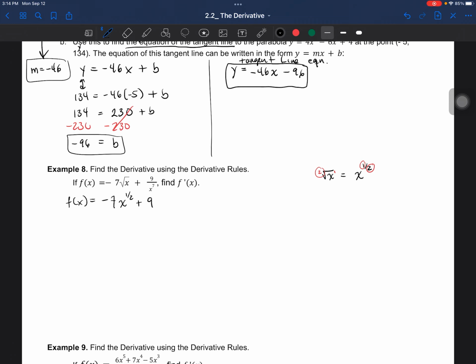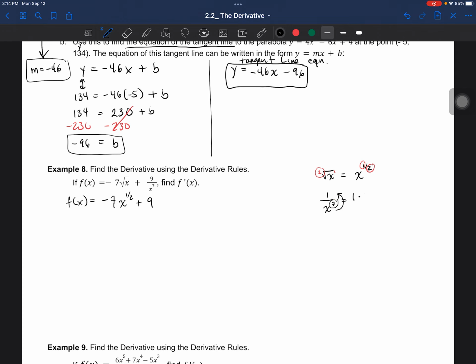Plus 9. Now the other rule that we want to discuss here is that having a denominator of x to the 7. I want to remind you that whenever you have a denominator of x to any power, you can manipulate the algebra and move this to the numerator by changing the sign of the power.